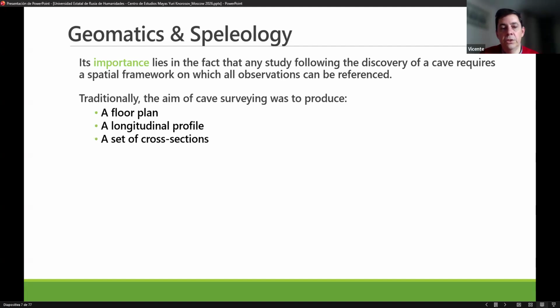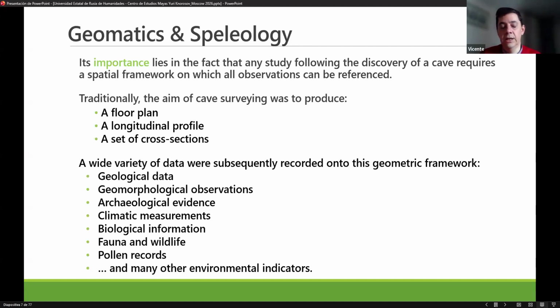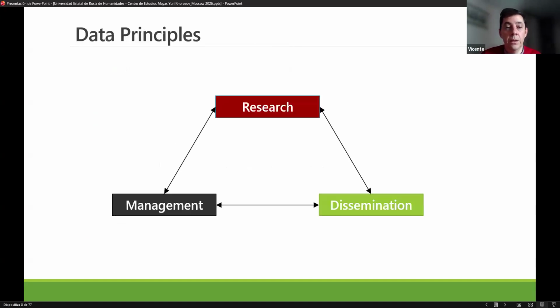I mean, traditionally, the aim of cave surveying was to produce a floor plan, longitudinal profile, cross sections, and this information was used to put geological data, geomorphological data, all the archaeological evidence, even some climate measurement, biological information, fauna, wildlife. You know, the purpose of geomatics and the plans was to create a frame in which to put all the information we have from the cave.